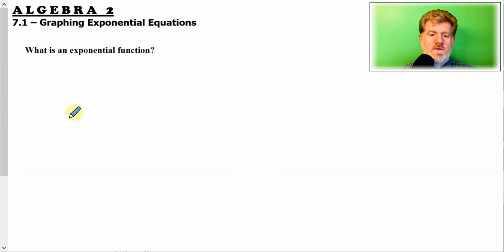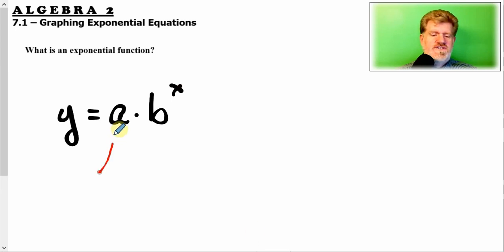Our general form for an exponential function is this. The a value is a starting value. So if you think about the virus right now, it had to start somewhere, a certain amount of people infected, and then more people got affected because of the b value.